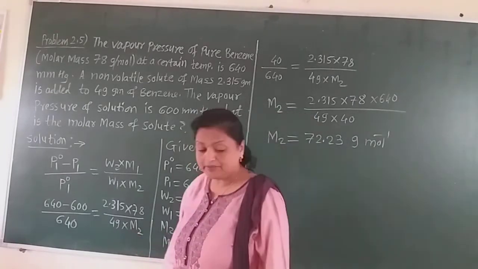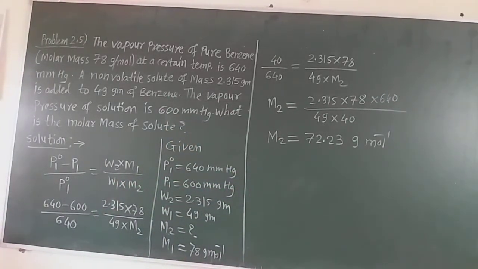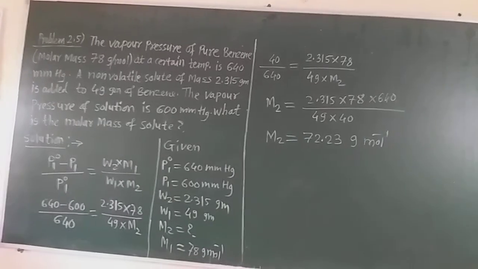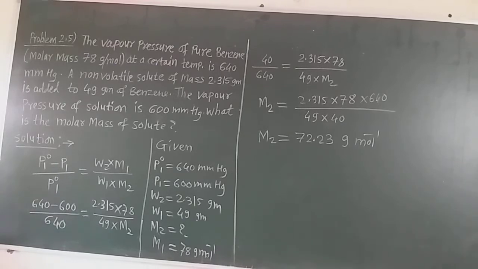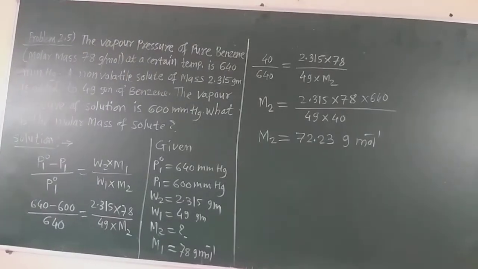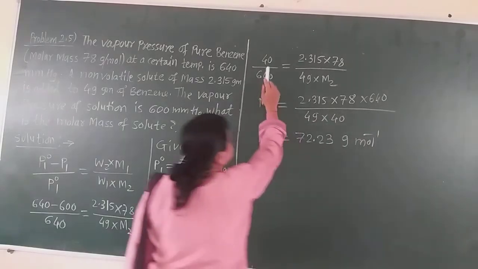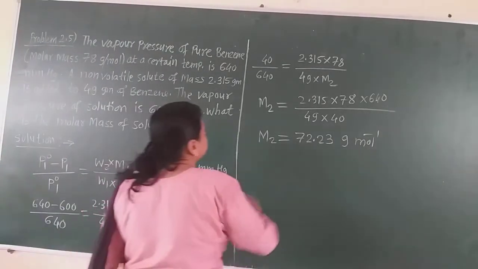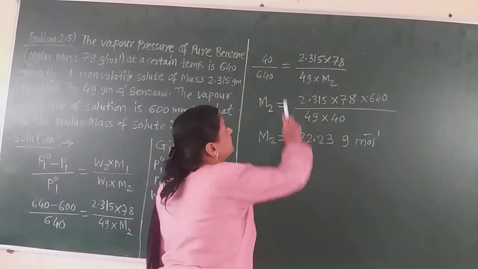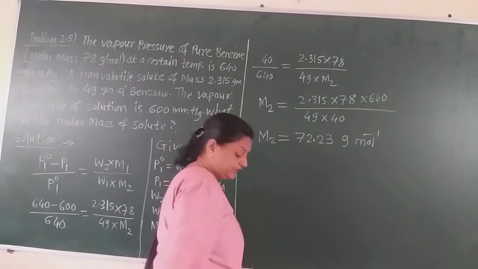Now see on the blackboard, this can be calculated here. 640 minus 600 is 40, divided by 640. That is equal to 2.315 into 78 divided by 49 into M2.